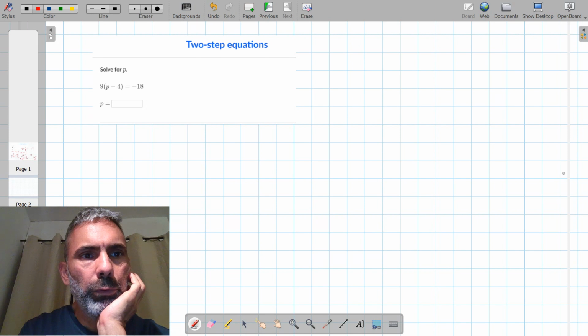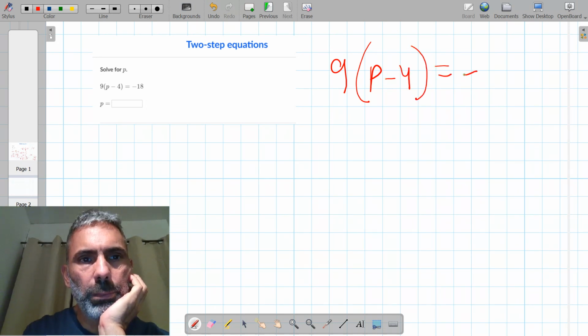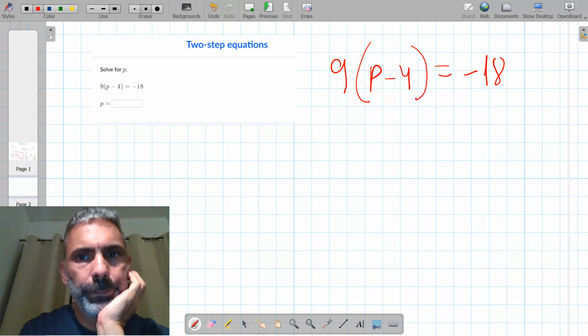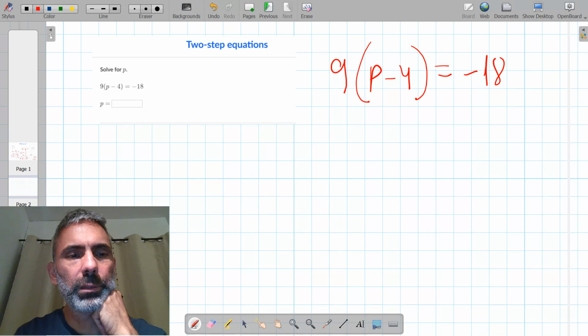Okay, solve for p. So we have 9 times p minus 4 equals minus 18. On the left hand side I want to be left just with the parentheses, p minus 4. So the first step is to divide both sides of the equation by 9.